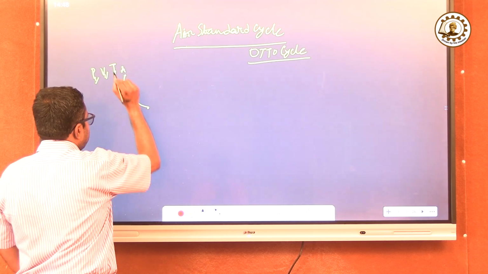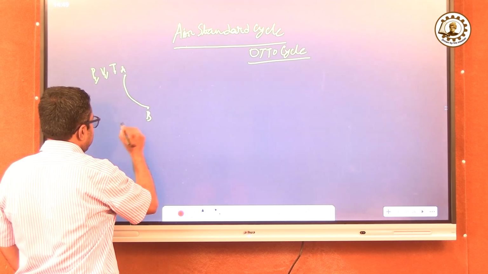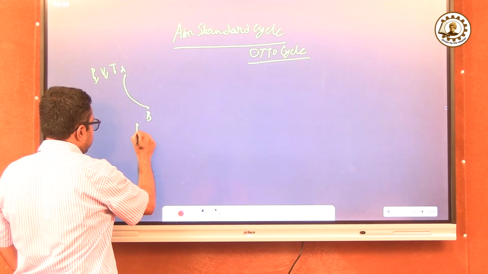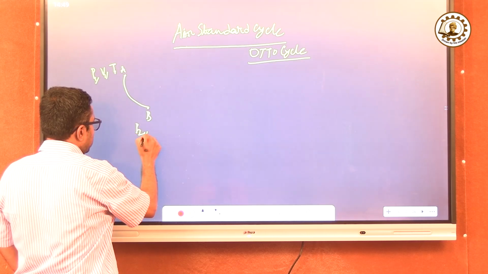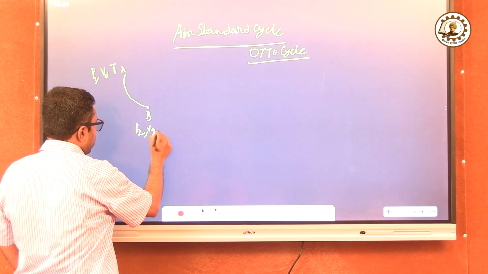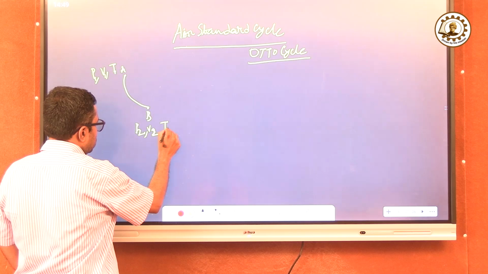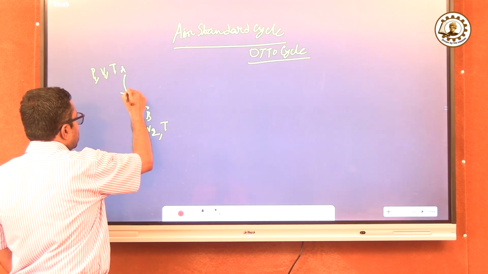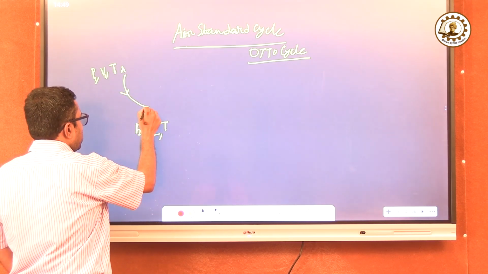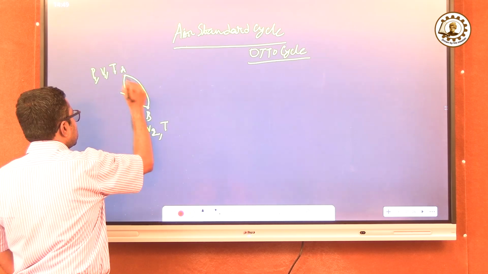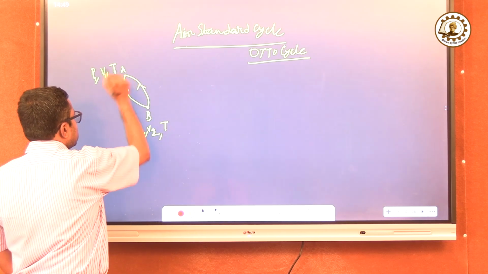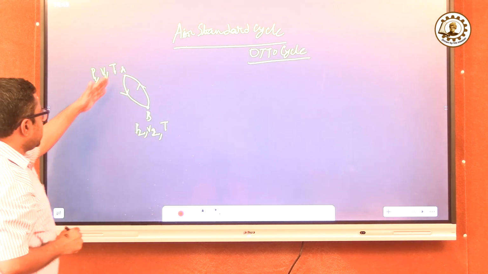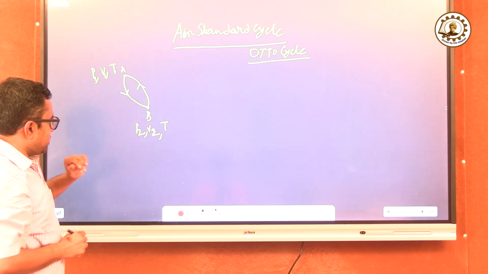If the starting point is A and the second point is B, the thermodynamic properties here are P2, V2, T2, and then we go back another time to the starting point. It is said to be the initial state and the final state.